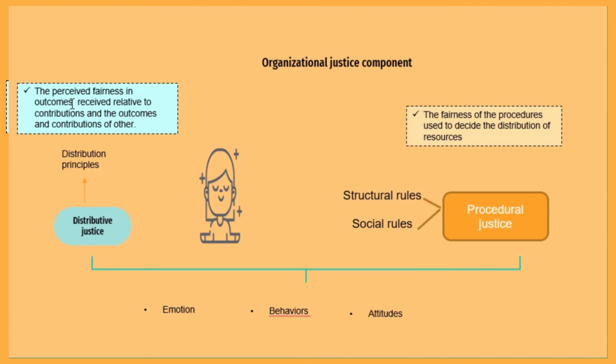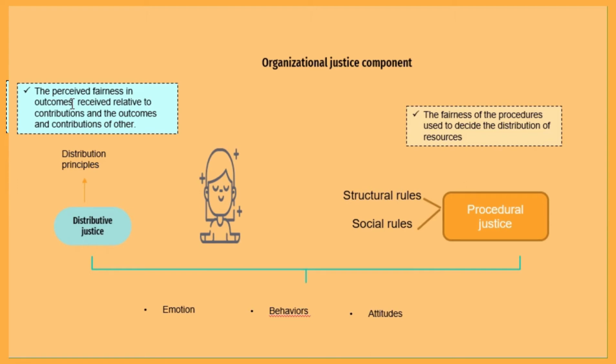in the outcomes we receive relative to our contribution, and the outcomes and contribution of others. That means how much effort we put into doing something in the organization. Some people might be working from 9 to 5 but get nothing in terms of bonus or reward, but there are some people who work 9 till 2 or 3 p.m. and go home.